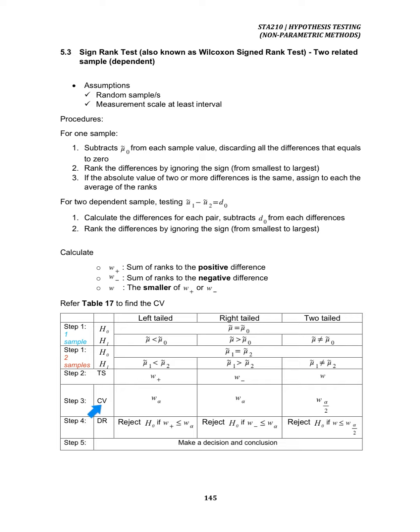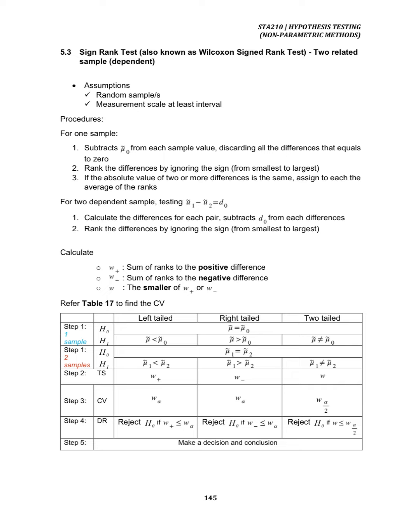Our critical value for the left and right tail is W alpha. For the two tail, don't forget to divide your alpha by 2. Our decision rule is we will reject H0 if the test statistic is less than the critical value.